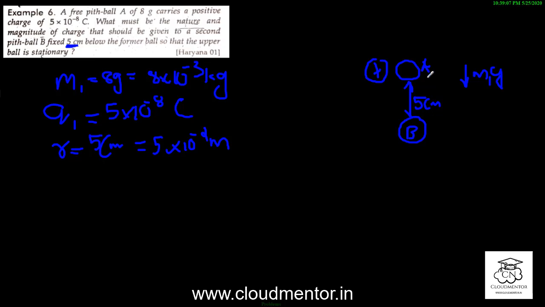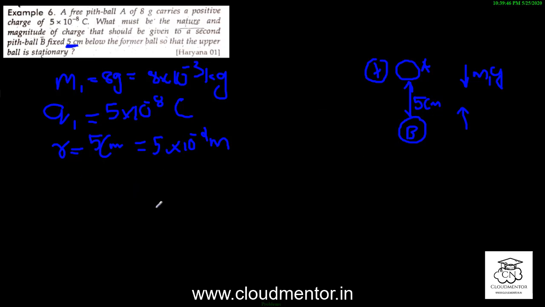To stay in the stationary position, some force must act upwards. That force must be the repulsive force. Repulsive Coulomb's force must act upwards so that ball A is stationary. So the nature of B must be the same as that of A. That is, repulsion must occur.